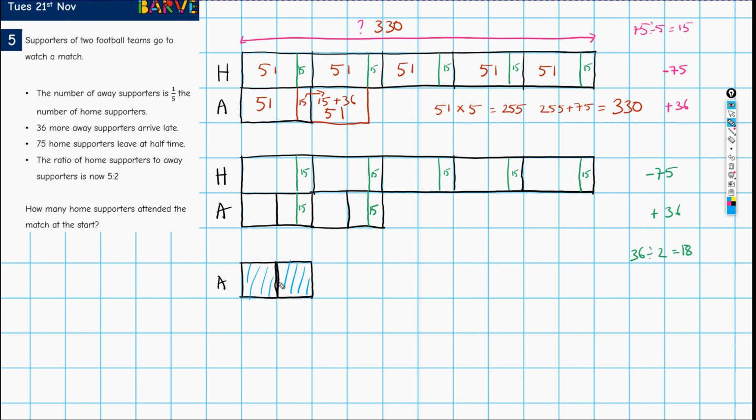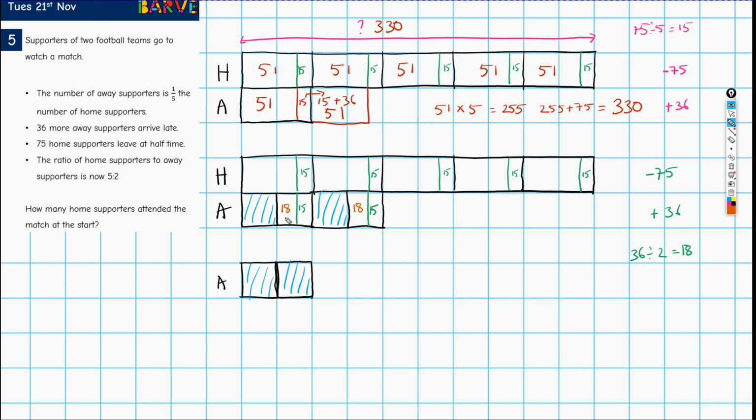I think this is slightly harder to think about than the first one, but those are the original away supporters, which means that the additional away supporters, let's choose yet another color, must be here. So that's 18 and that's 18. And I hope you can see that that gives us a value for one of these half parts.